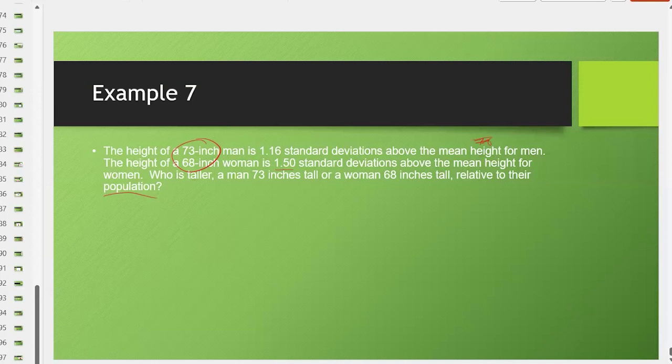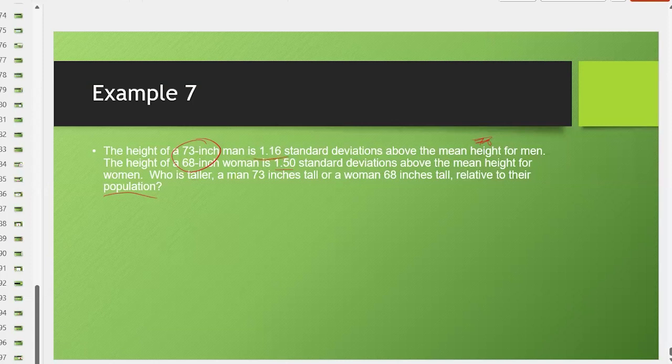If we just look at the values, well, the man's taller, right? And if we knew the mean, we could figure out exactly how much, and we would need to know the standard deviation too. But we don't need that because we have the z-scores.